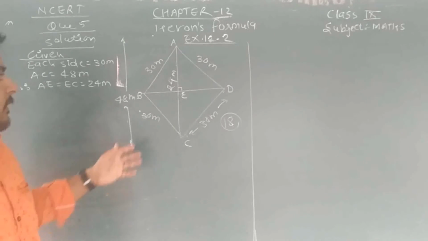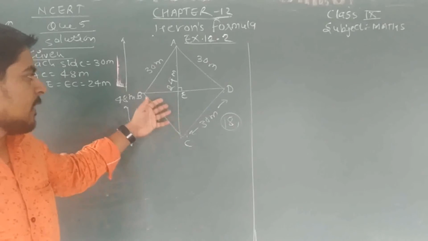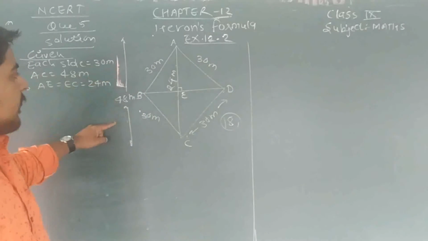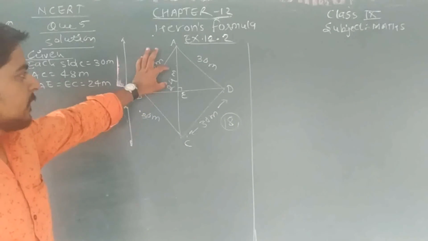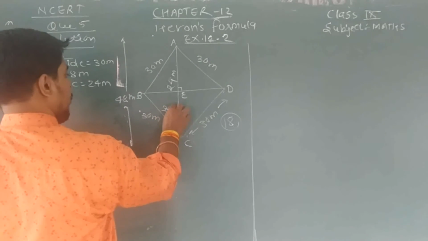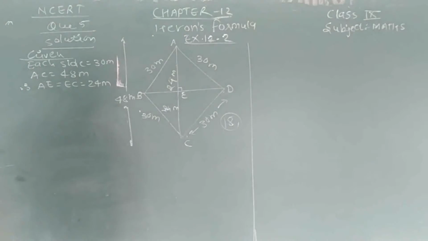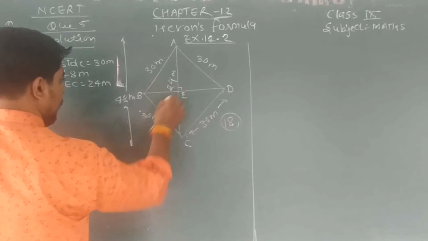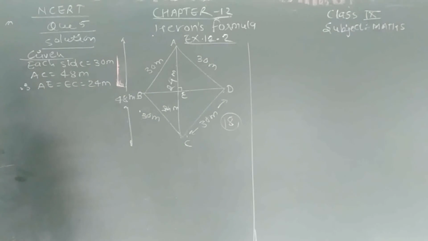We know that the diagonals of a rhombus bisect each other, therefore the 48 will be divided into two parts, 24 and 24 meters. Now first we need to calculate BE.